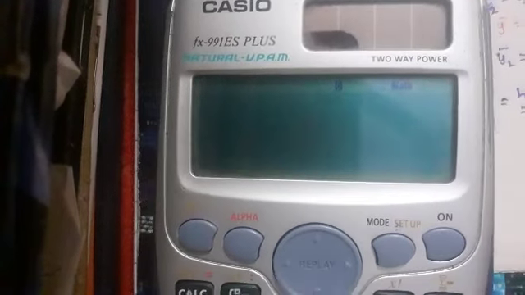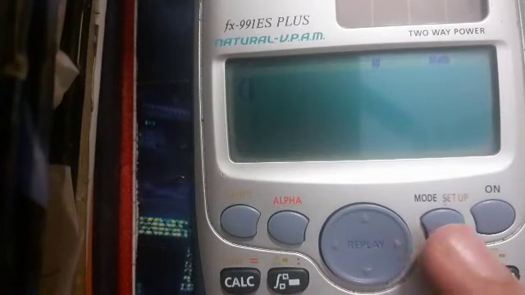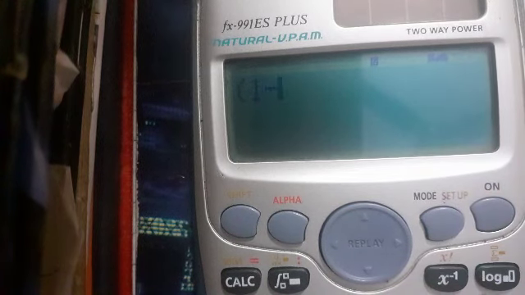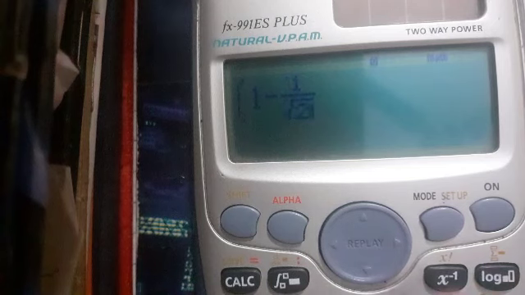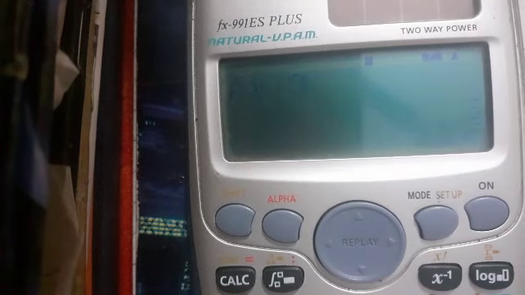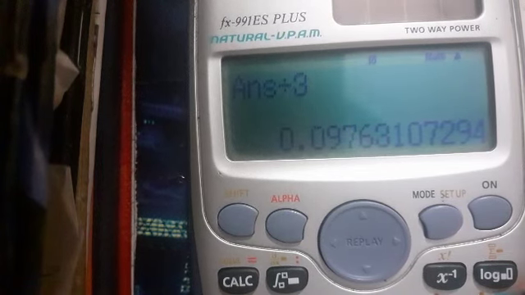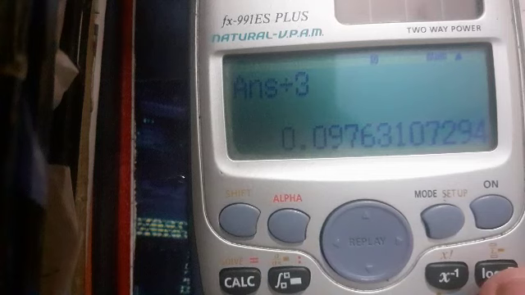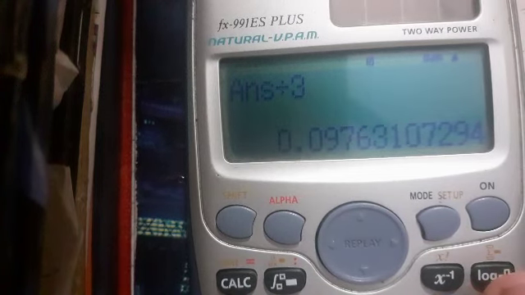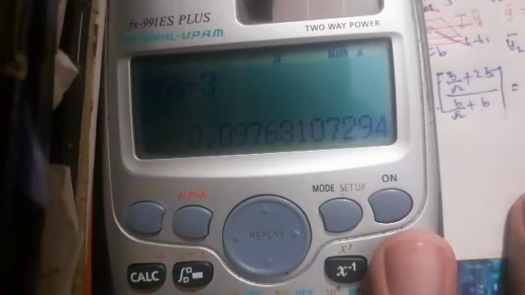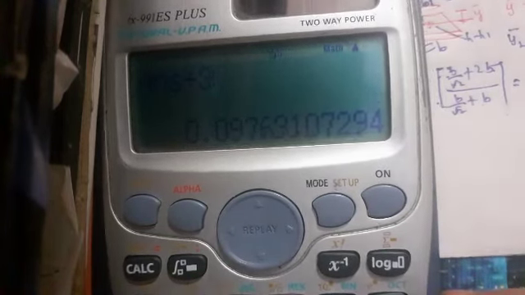On substitution we get 1 minus 1 by root 2 divided by 3, so I'll get the value as h into 0.0976 into this value, 1 by root 2 plus 2 divided by 1 by root 2 plus 1.